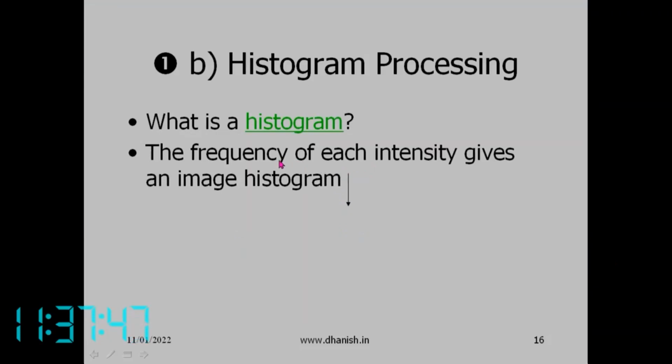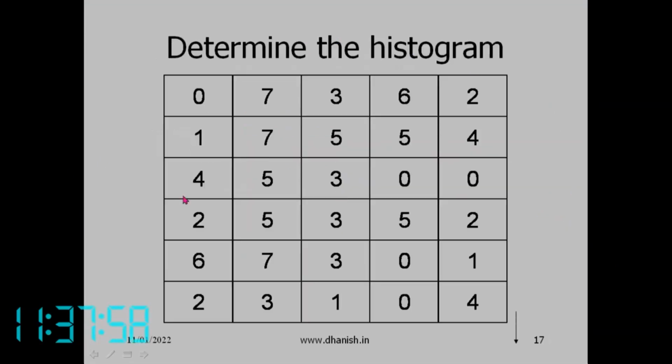Similarly, we can prepare a histogram of an image matrix. The frequency of each intensity gives an image histogram. For example, this is an image matrix. Determine the histogram of this matrix. We find out how many there are for each value.